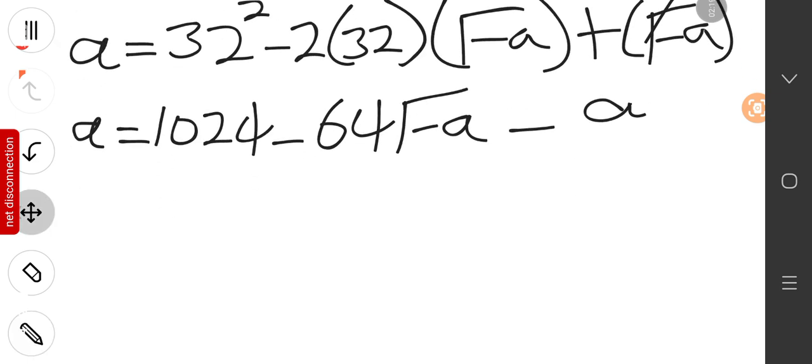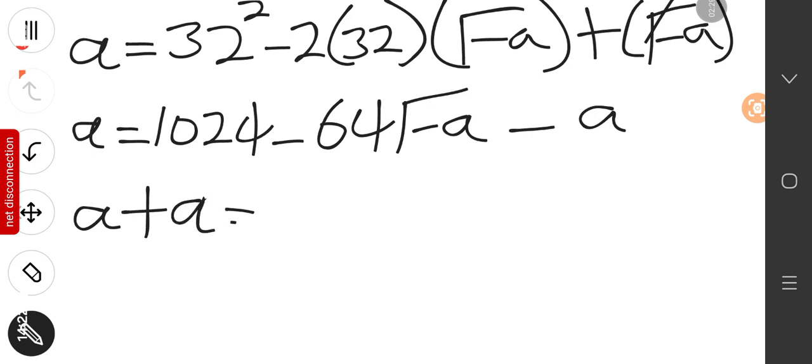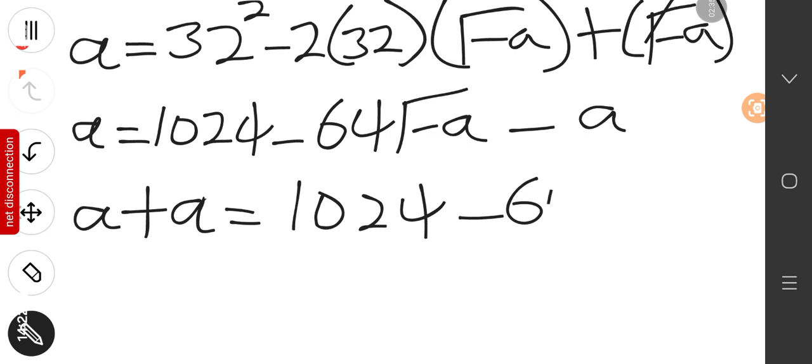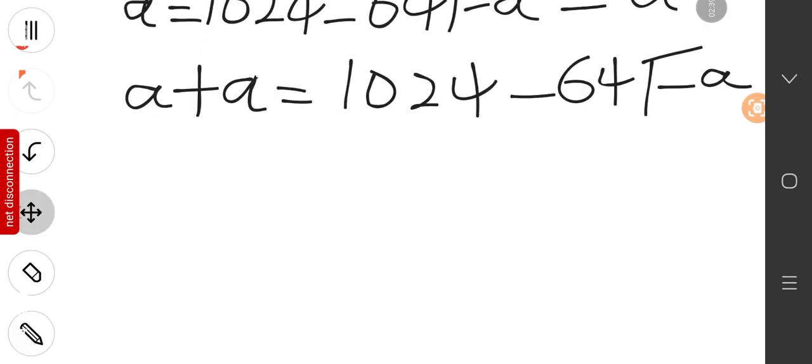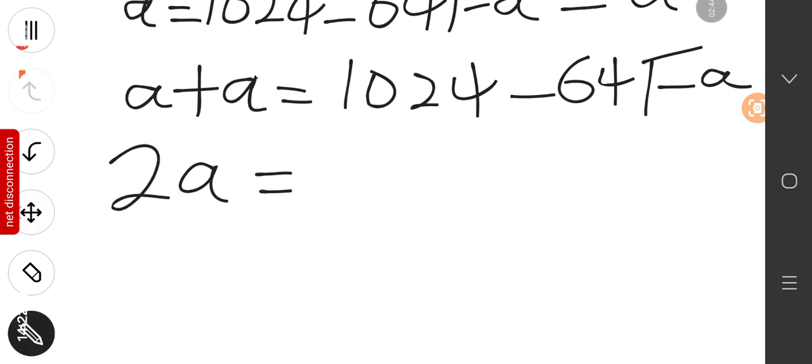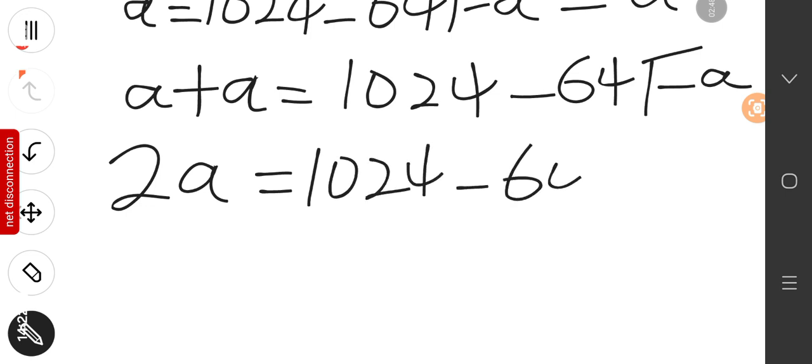Now this and this are like terms, so let's group them. We're going to have a plus a equals 1024 minus 64 multiplying the square root of minus a. Now this will give us 2a equals 1024 minus 64 multiplying the square root of minus a.